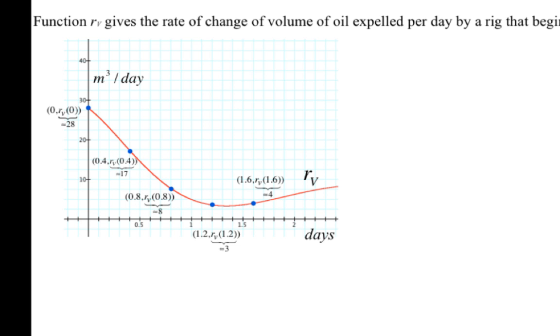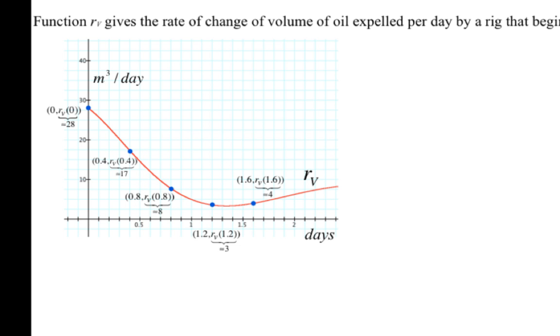So illustrate in that first interval from 0 to 0.4 a constant rate of change at the same value as R of V of 0, or approximately 28. Can you do that? Illustrate a constant rate of change in the first 0.4 days of RV of 0, or about 28 meters cubed per day.